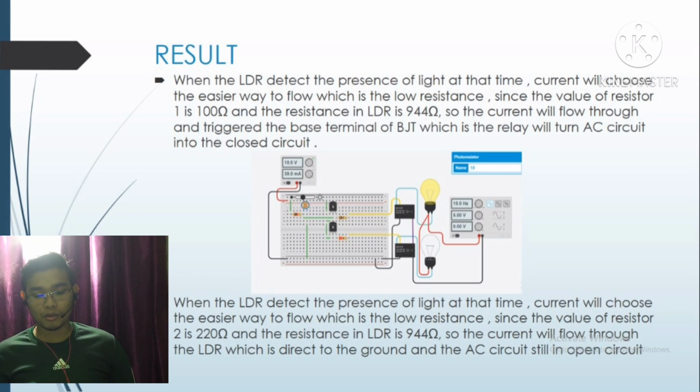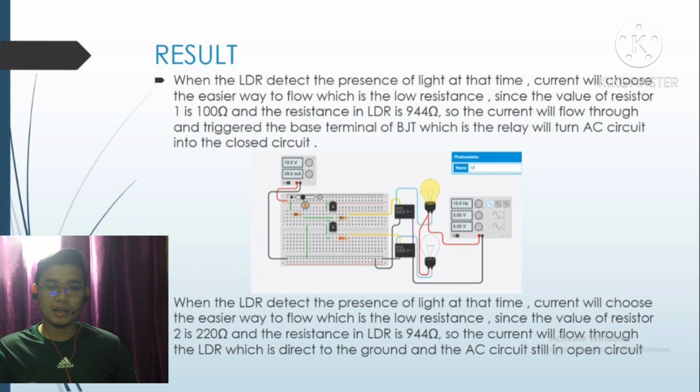Since the value of resistor 2 is 220 ohm and the resistance in the LDR is 944 ohm, the current will flow through the LDR, directly to the ground, and the AC circuit is still in open circuit.